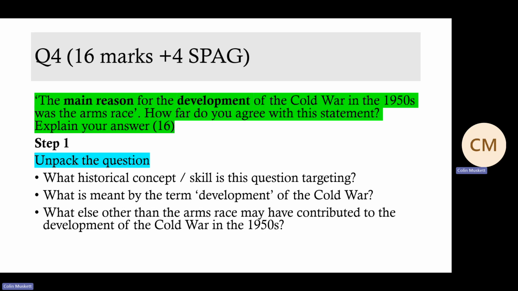Chronology. Remember the 1950s? I think I've just seen someone write the Berlin blockade. That's 1948 to 1949. This is where good understanding of chronology is all important.